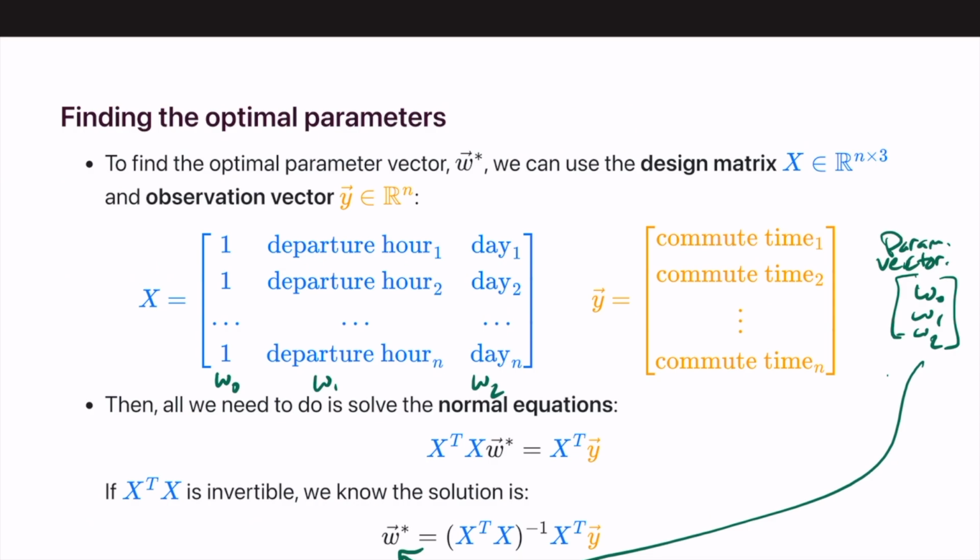Just for example, if we had W sub 1 and W sub 2, and we found that W sub 1 is equal to 25.211 and W sub 2 is equal to 5. We'd say that W sub 1, the one that corresponds to, let's say, departure hour, keeping it similar, we'd say that departure hour is a very important variable because it winds up having a lot of weight in how this parameter changes, whereas day of the month is so small, it's negligible.